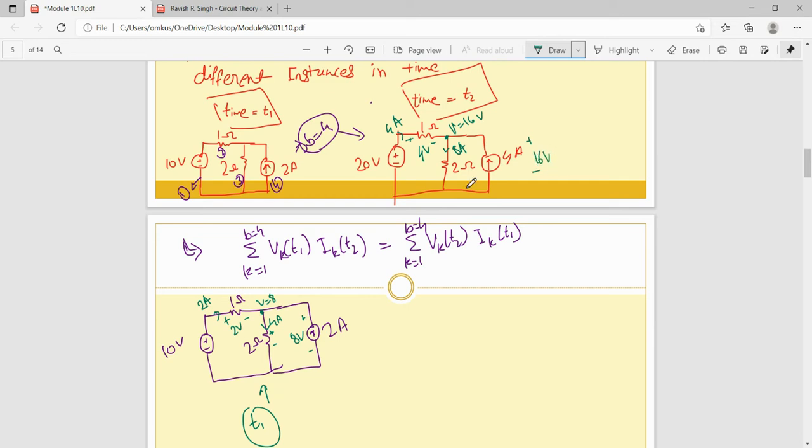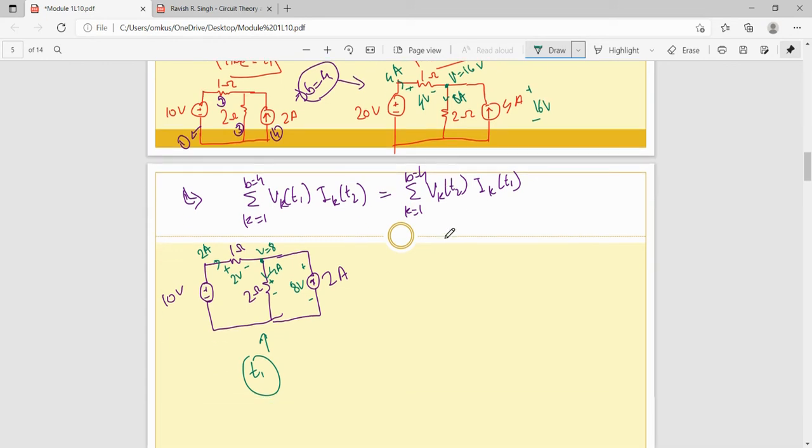Now this value you can easily find by applying KVL or KCL. Okay, so you need to use that and find this value. Now use this formula and put the values.